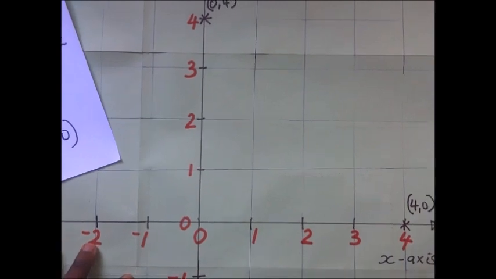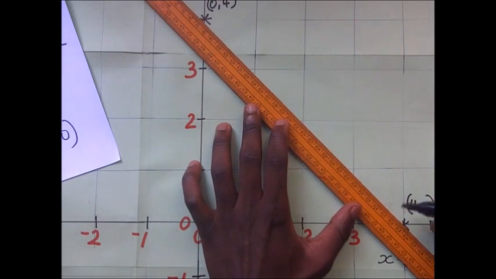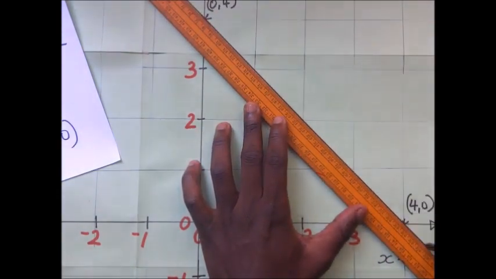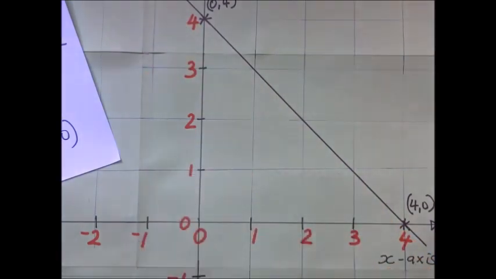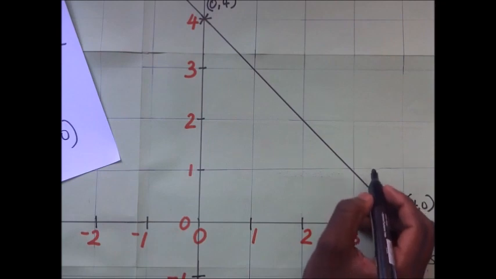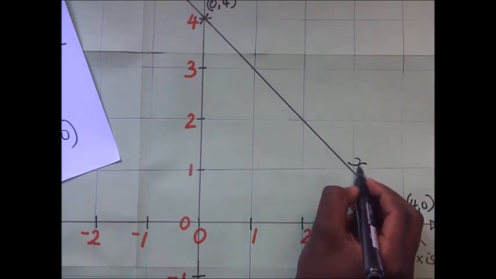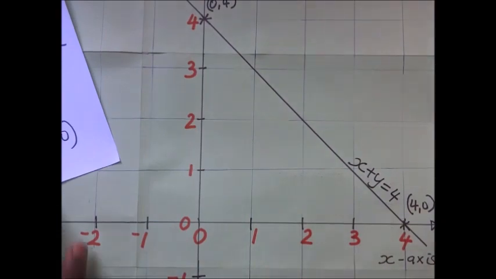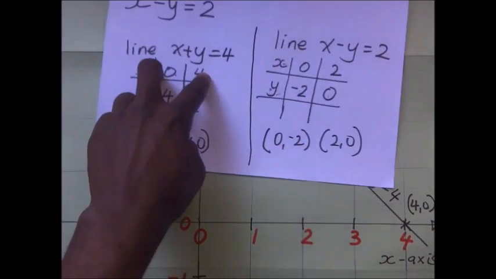From here, we shall connect these two. So this is our line x plus y is equal to 4. We have finished with this line.